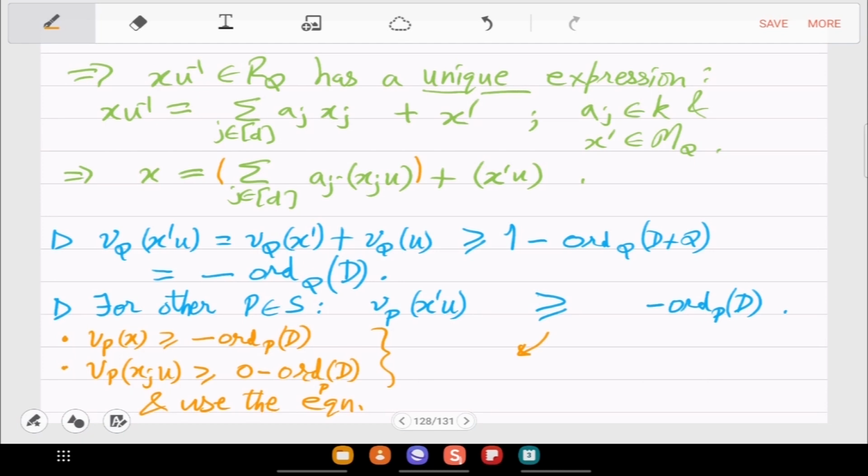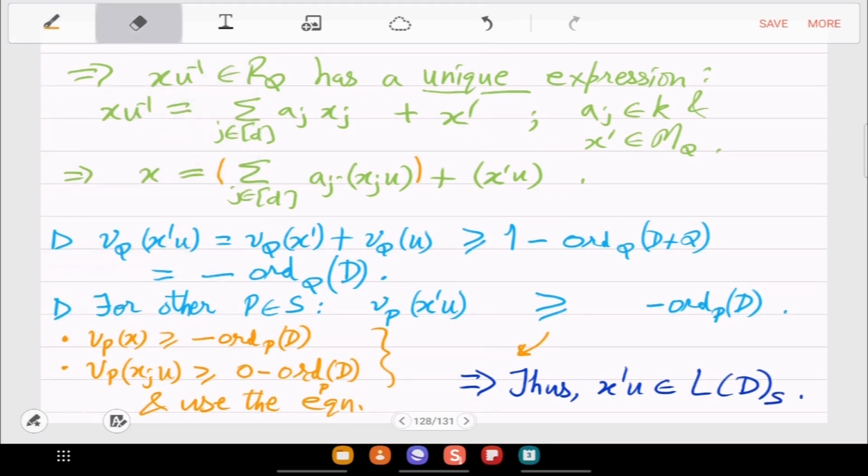Okay, so now I know about the whole of S. I know about Q, I know about all the P's. So I can now say that x prime u is in the L D sheaf. Is that clear?